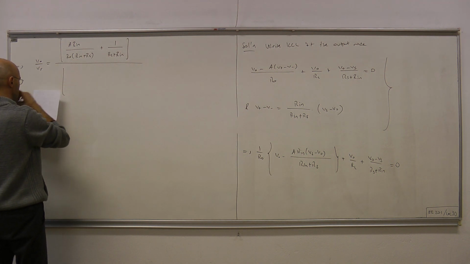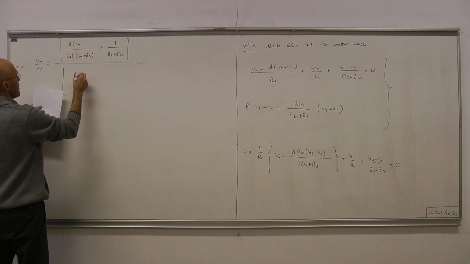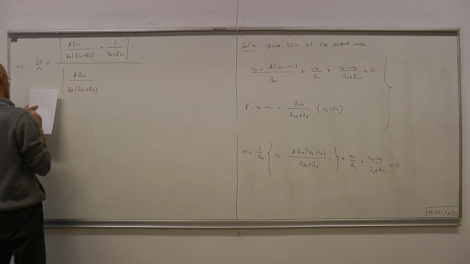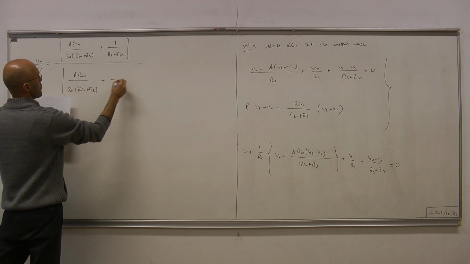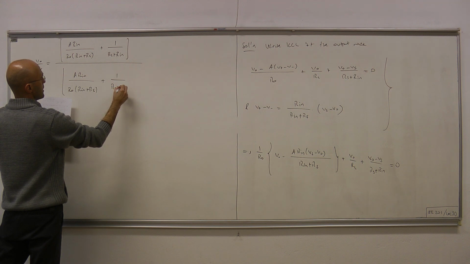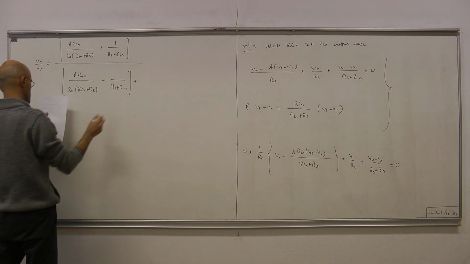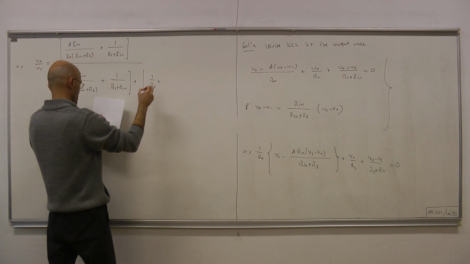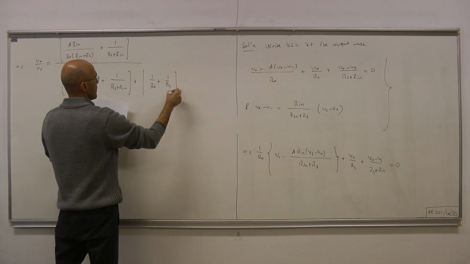For the denominator we have A Rin over Ro (Rin plus Rs) plus 1 over (Rs plus Rin), the same thing, plus 1 over Ro plus 1 over RL.